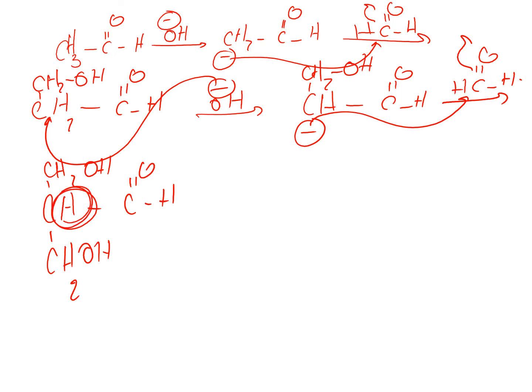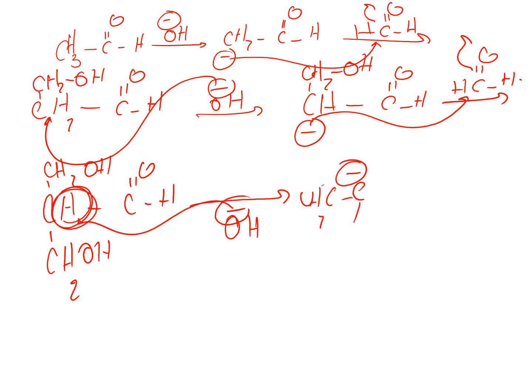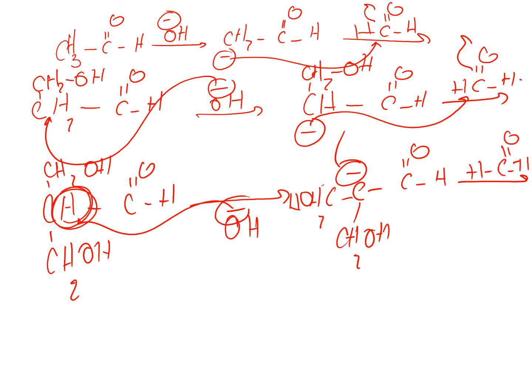It still has an additional alpha acidic hydrogen, so the base will abstract it, putting a negative charge on this carbon, and it will use it to attack another formaldehyde molecule.